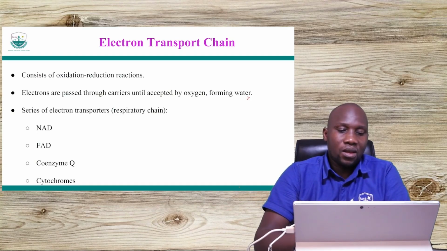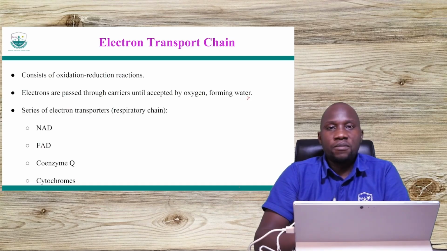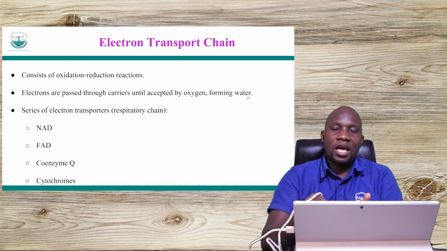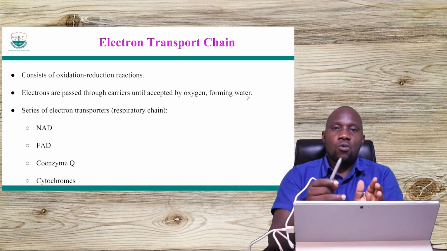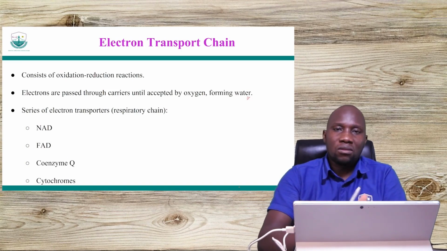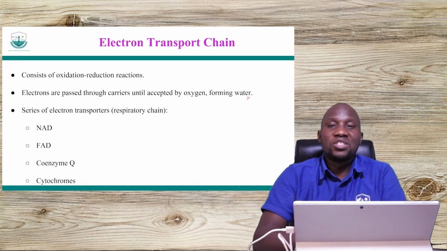And then the other carriers or transporters are coenzyme Q and then cytochromes. I've already explained what cytochromes are. Okay, and then these transporters, from one carrier to the other, are what you can term the respiratory chain.